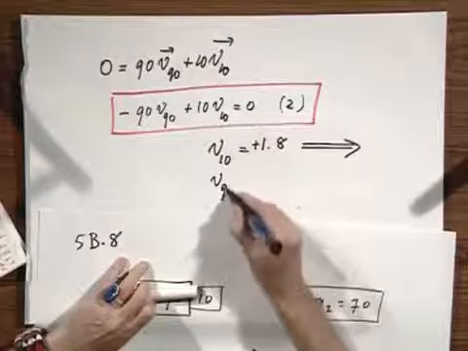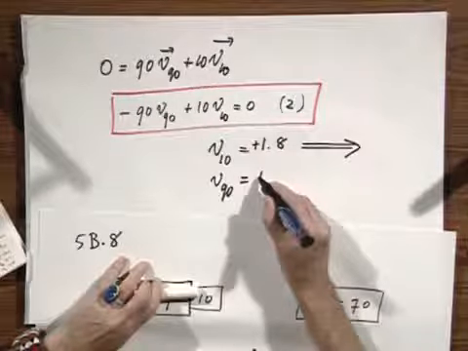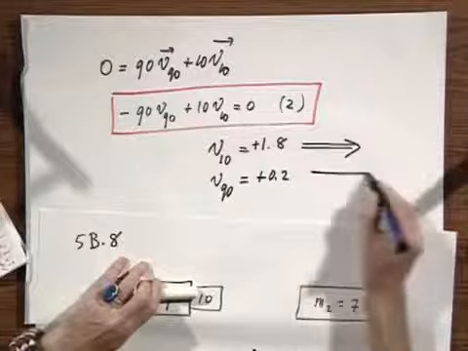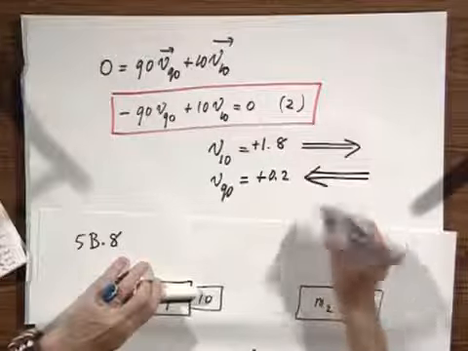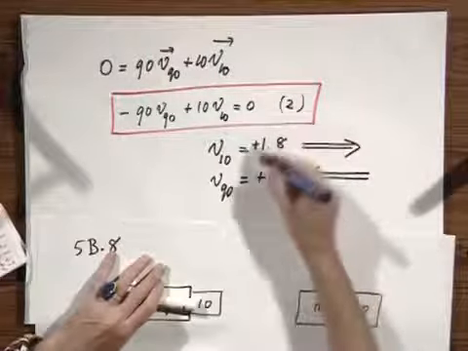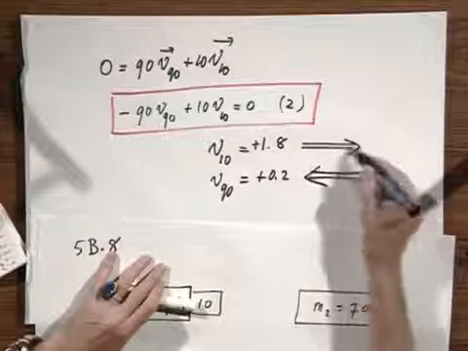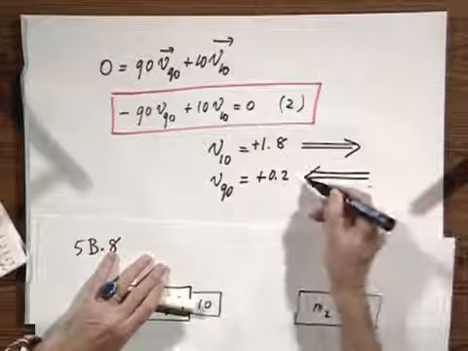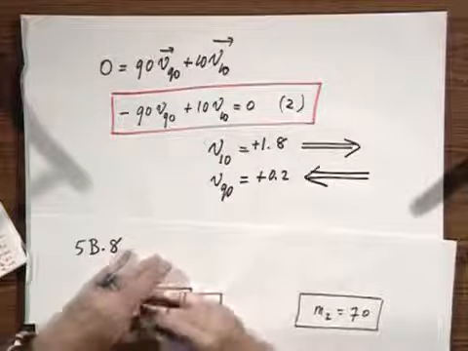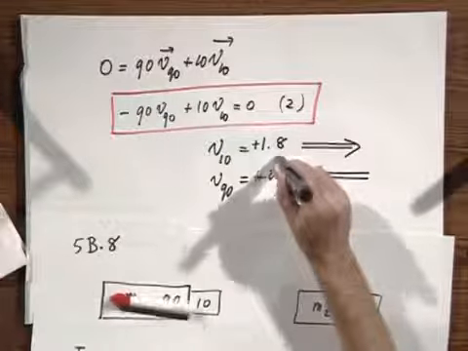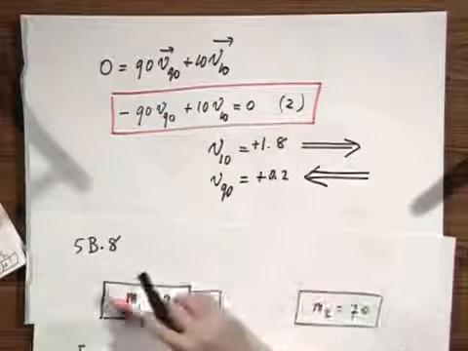And V90 is also positive, plus 0.2, but we already assigned it to go in this direction, and you see that the difference is 2 meters per second. This 1.8, this 0.2, the difference is 2 meters per second. It better be 2 meters per second because I put that in my recipe.